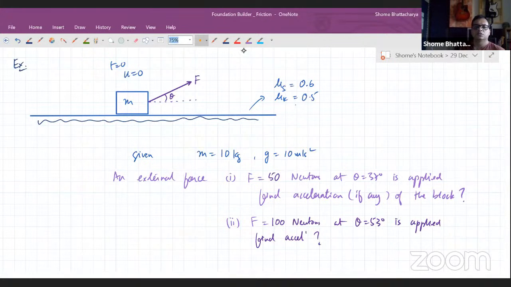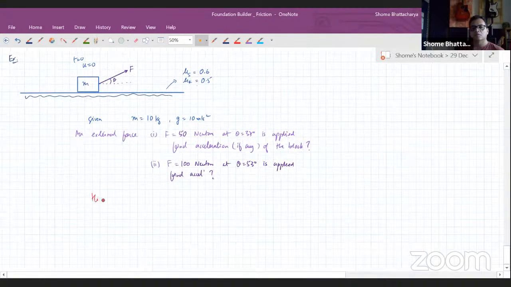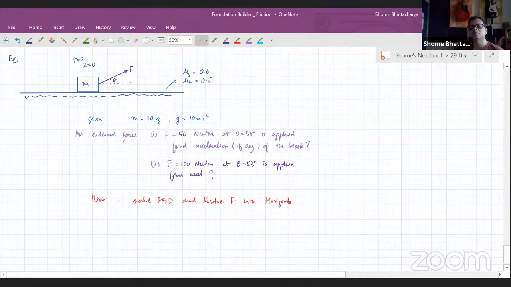Now the hint to you is, okay, make the free body diagram and resolve F into horizontal and vertical components.